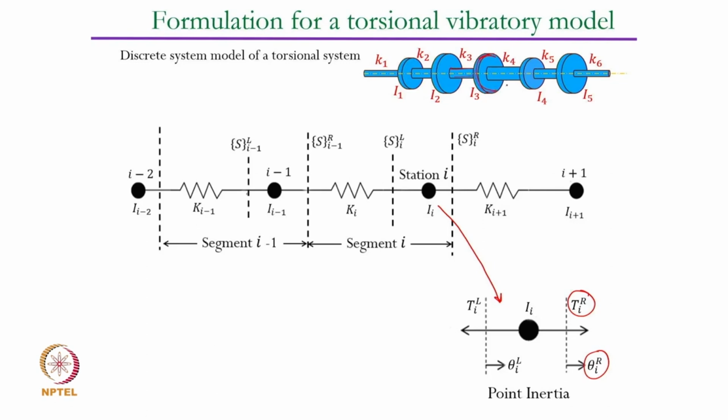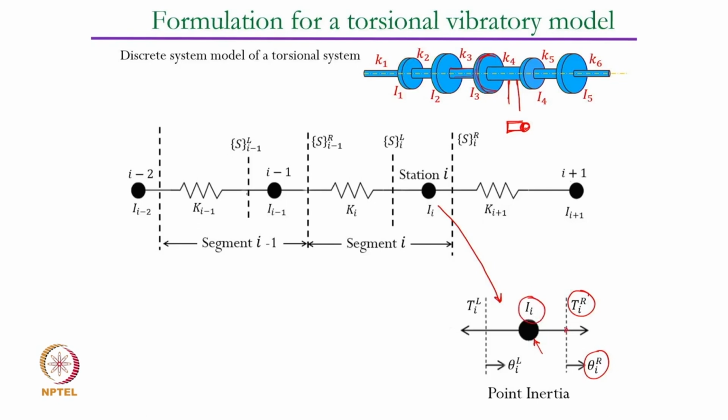But later on, if you want to consider the shaft itself as one segment, then the mass moment of inertia of that shaft segment can be lumped here. So the parameters will be appropriately estimated based on what segment you are talking about. In this case, as an example, this particular inertia represents that of the disk. The disk has its own mass moment of inertia about the axis of the shaft, and that is represented by Ii.